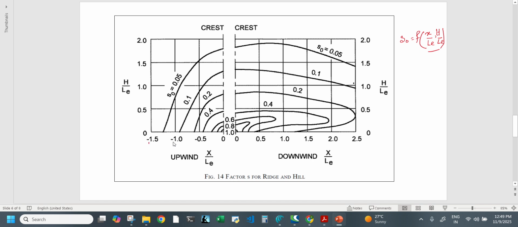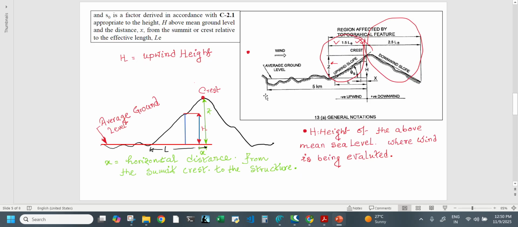And the negative sign, we will learn how the negative sign is coming. This is the upwind slope and negative for upwind, and this is the positive slope, positive for downwind. And from this picture we can see that Z is the crest height, L is the effective length.